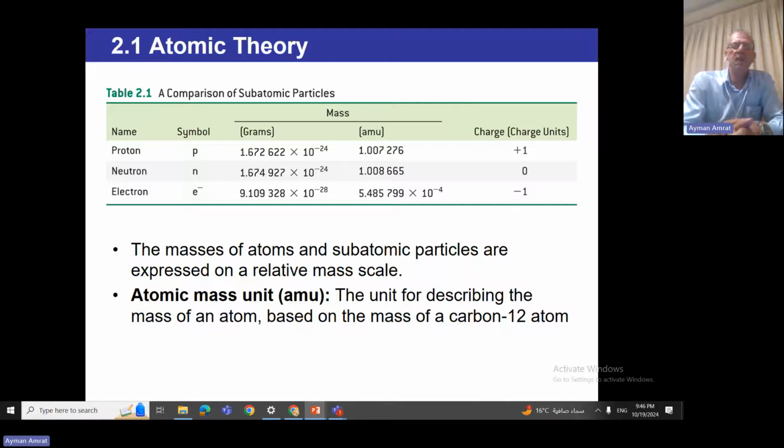The masses of atoms and subatomic particles are expressed on a relative mass scale called the atomic mass unit, based on the mass of carbon. You can measure the mass of any element compared with carbon-12.